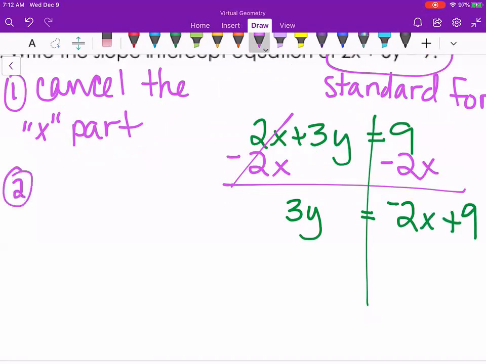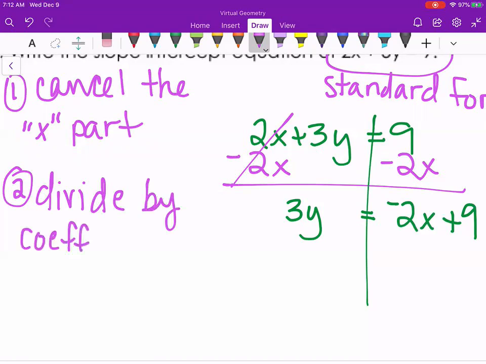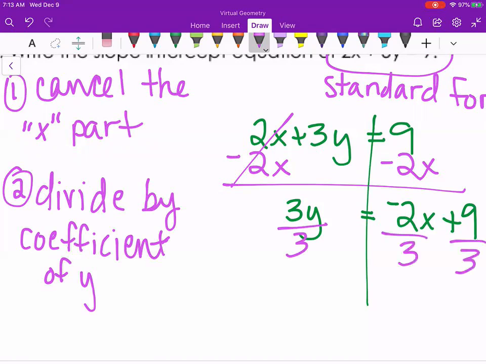Second step is to divide by the coefficient of y, which in this case is the 3. So I'm going to divide everything by 3. And let's just see what it equals.